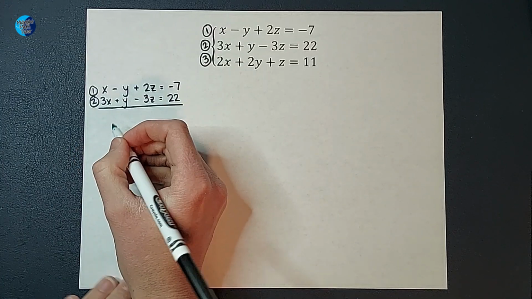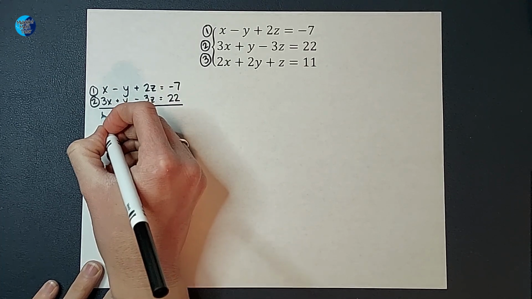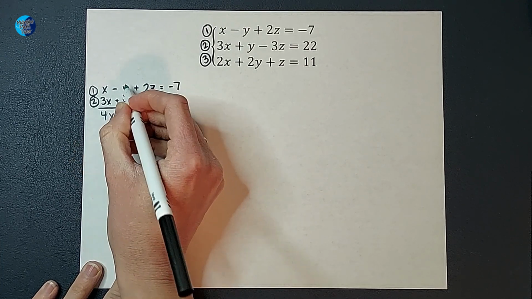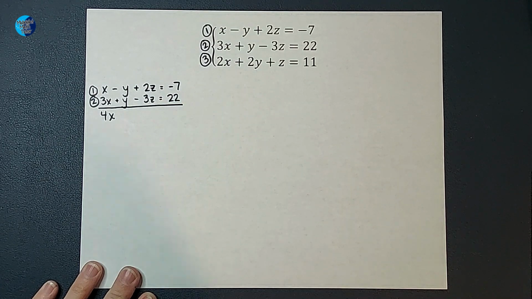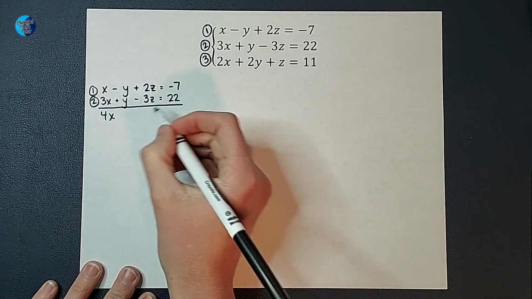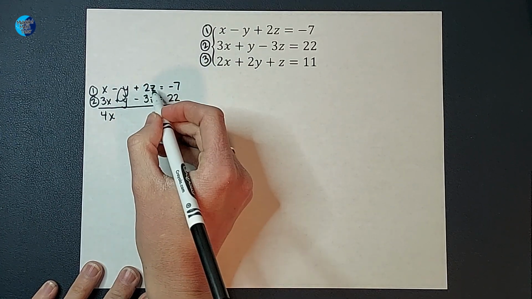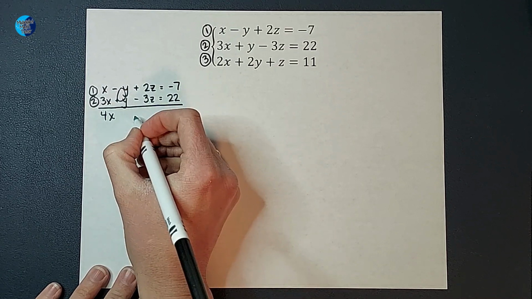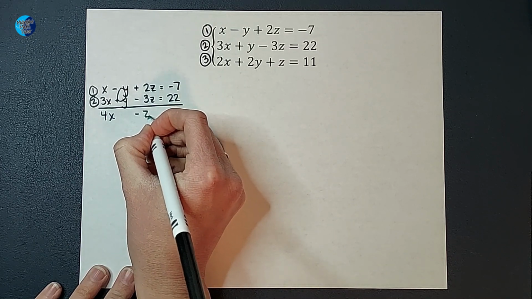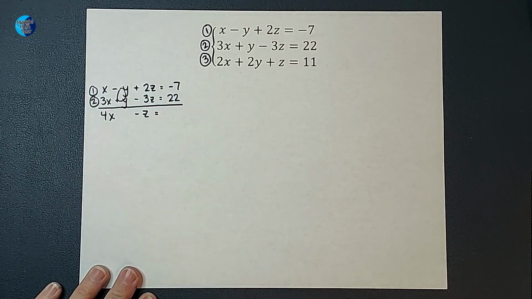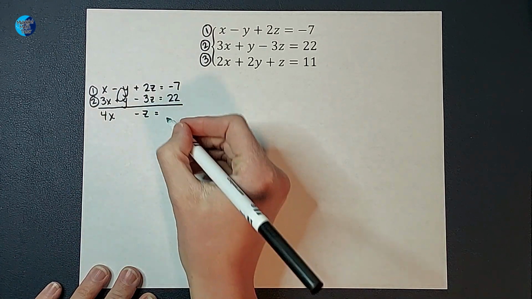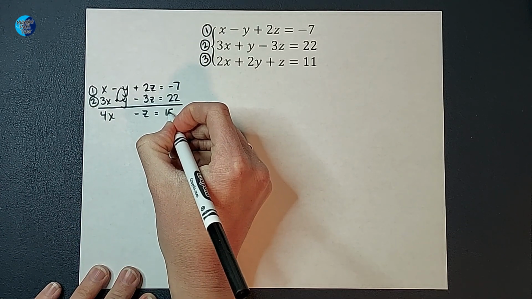I've got an x and 3x, which gives me 4x. Negative y and positive y, which cancels out. That's what I wanted, so the y's are gone. 2z and negative 3z is going to leave me with a negative z equals negative 7 plus 22 is 15.